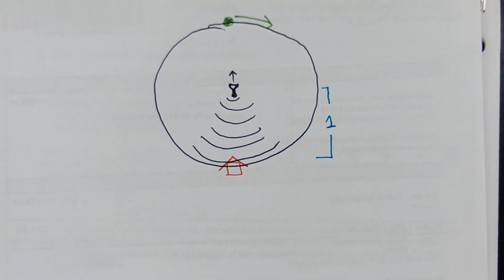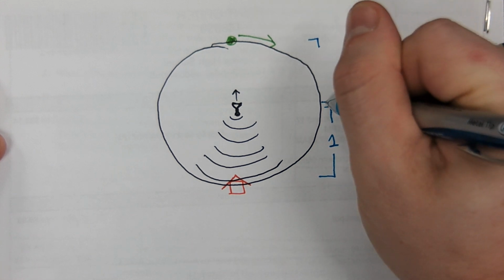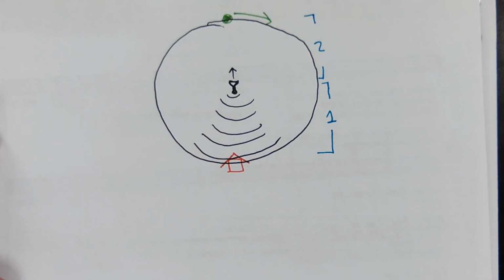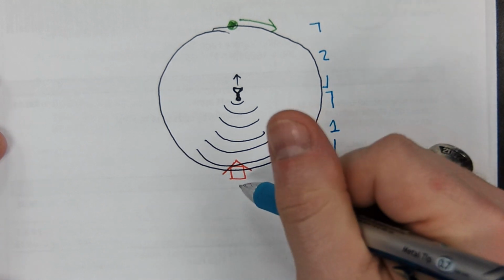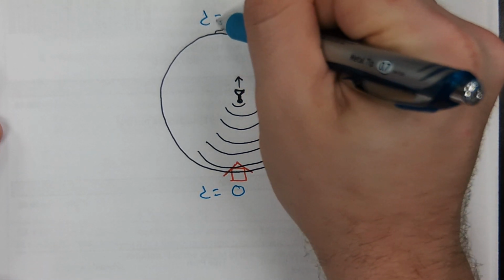So when the sound wave hits his house, how far from his house is the sound wave? 0. So then what's the maximum distance from his house? 2. So this is representing distance equals 0. This is representing distance equals 2.